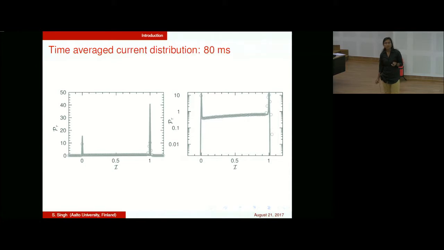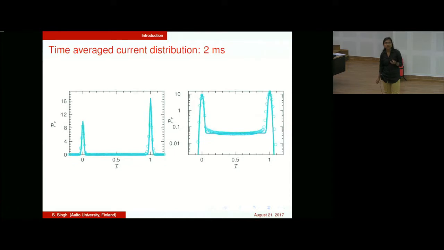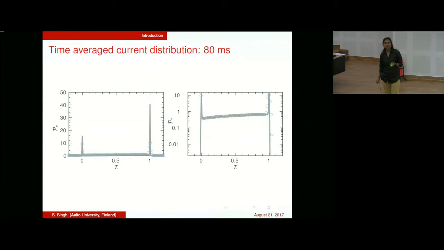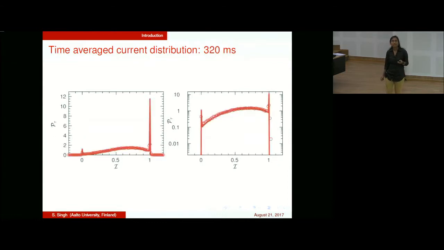But in linear scale, you see that nothing is here. It's almost zero level, like it was here. But in the logarithmic scale, it was flat here, but now it starts to have something in the midway. So if I go higher in integration time, something like 320 milliseconds, I start to see some development in the midway, and these peaks are becoming lower.